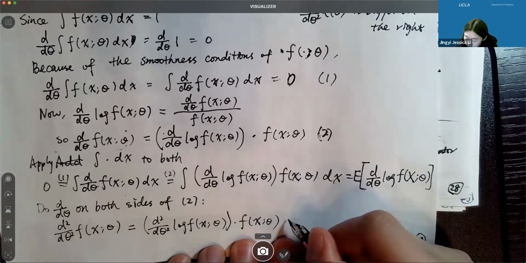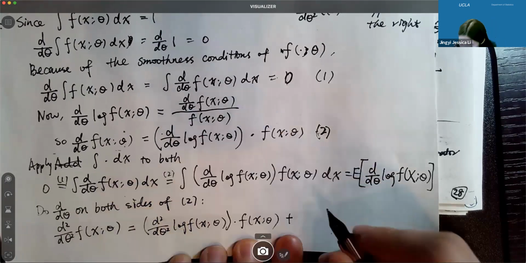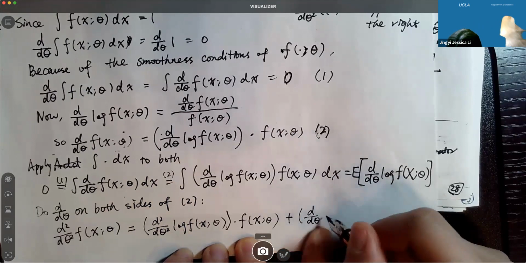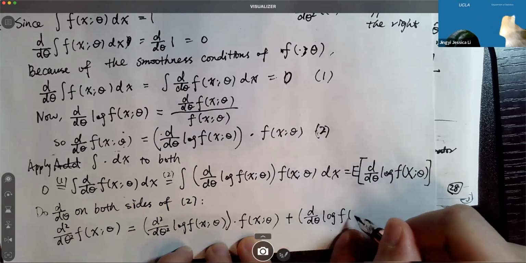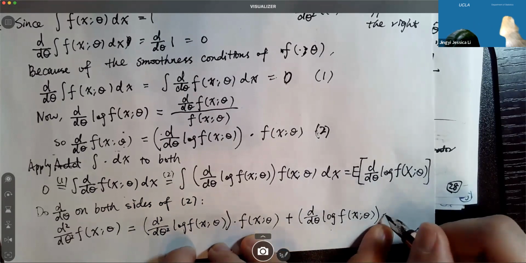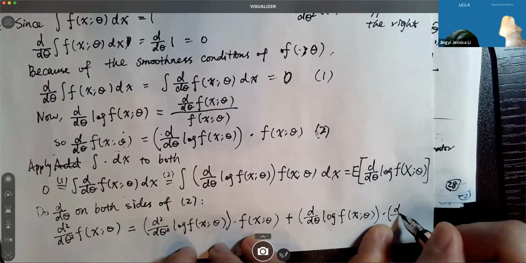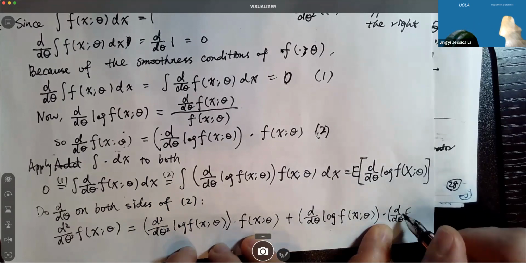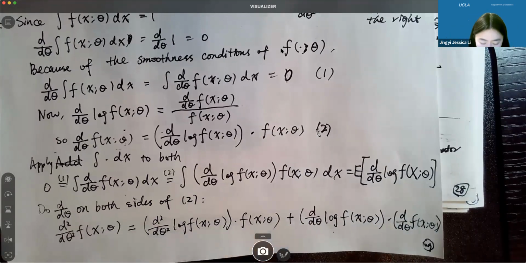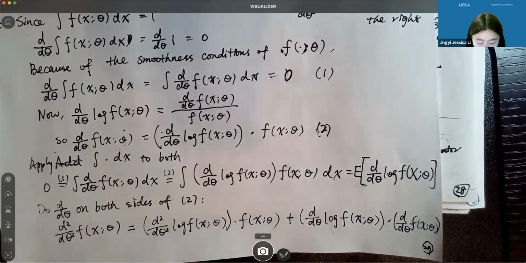And for the second term, we keep this unchanged, times d theta. Right, so this is it. We're just applying that calculus rule.